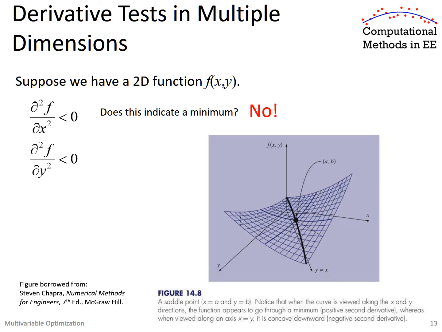However, we can look at that and know that we're not at an extrema. We could move either of these directions and get to a lower point, or move in this direction and get to a higher point. So that saddle point, even though both of the partial derivatives are less than 0, does not mean we're at an extrema. So we have to throw out those derivative tests and think of what to do differently.